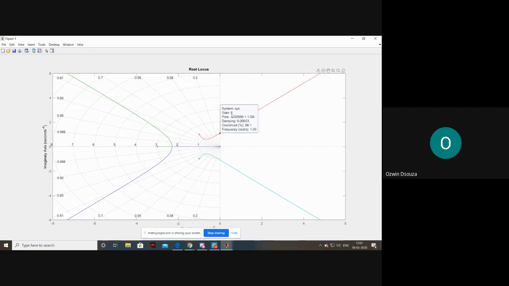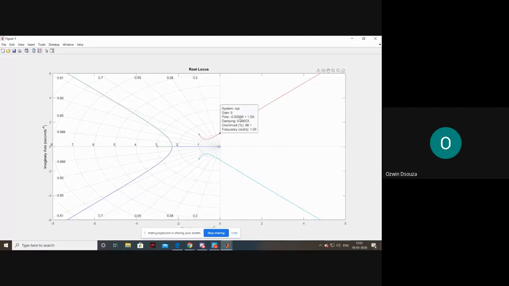And at k marginal, what are the roots of the auxiliary equation? Theoretically, we found the roots of the auxiliary equation as plus or minus j1.095. So let's see what root value we get at k marginal. Can you see the pole value here? The pole value is plus 1.09i. If you see the real part, it is negligibly small, 0.006, close to zero itself, right?